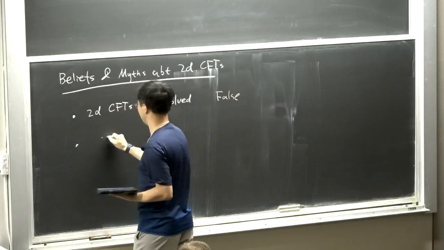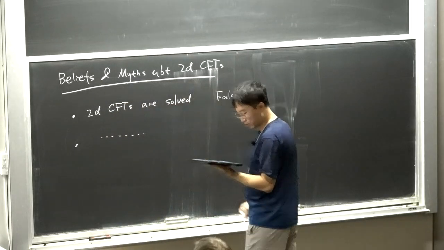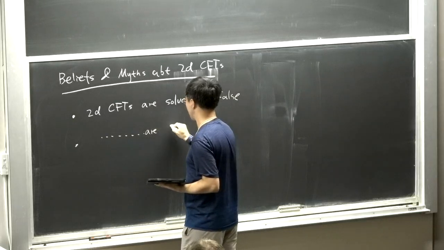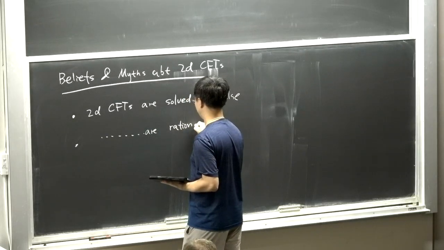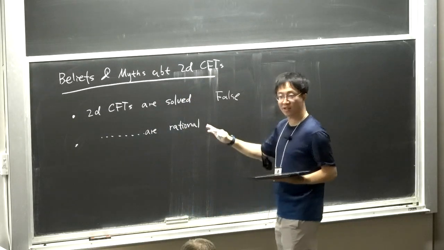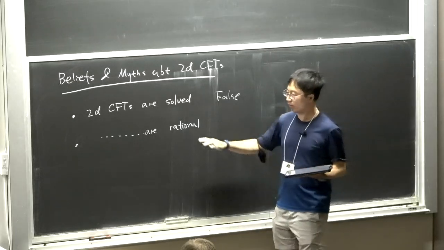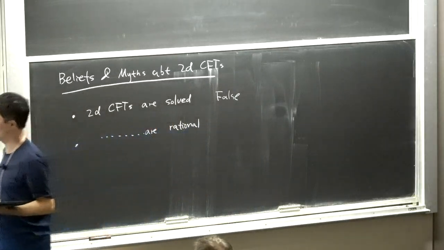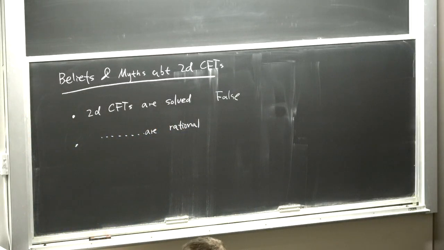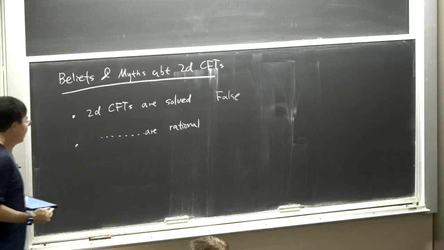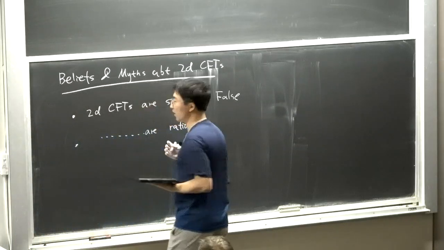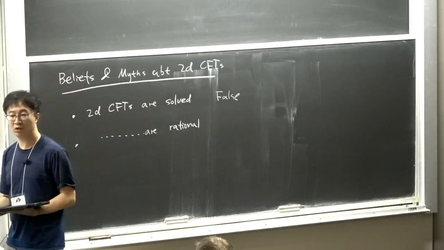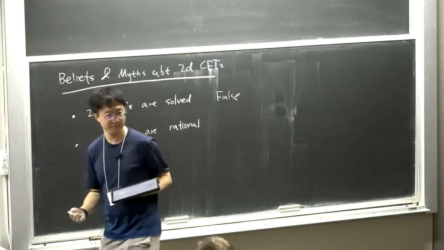The second, more non-trivial belief is that the 2D CFTs are rational. We'll get into the precise definition of rational, but roughly speaking, what rational means is that the conformal symmetry, the enhanced infinite dimensional conformal symmetry, is so powerful such that the entire infinite dimensional operator spectrum actually truncates into a finite number of conformal families.